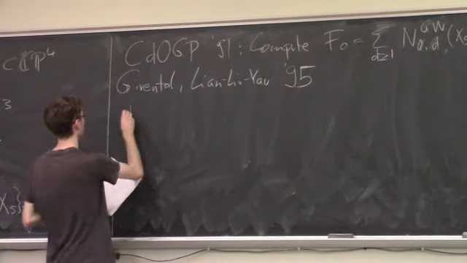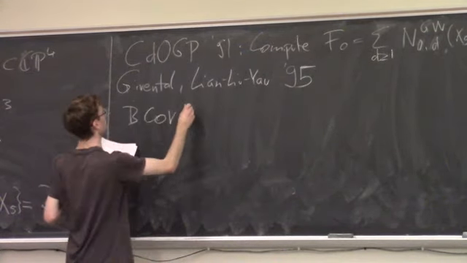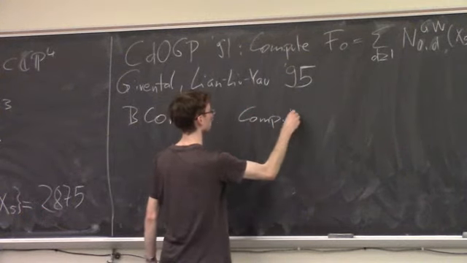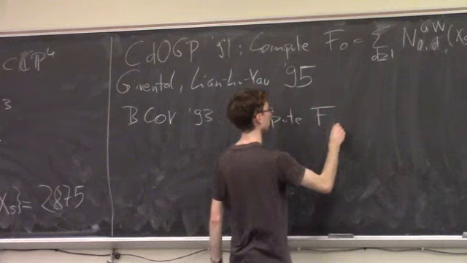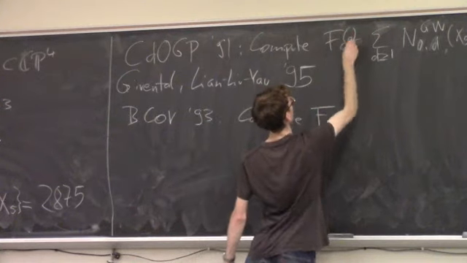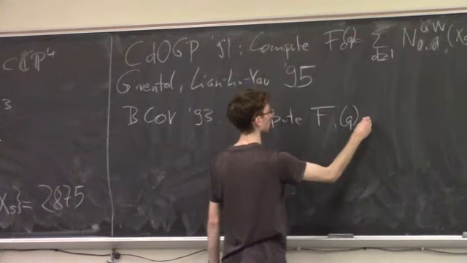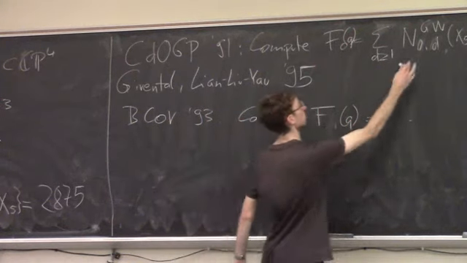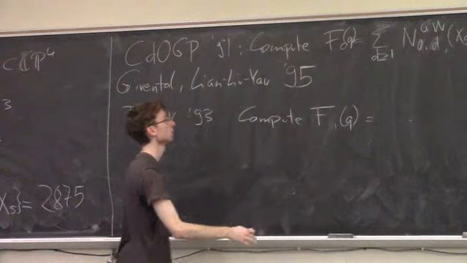And then in physics, soon after that, they already had formulas for computing the analogous function for genus 1. It's the same thing, but with genus 1 instead of genus 0.